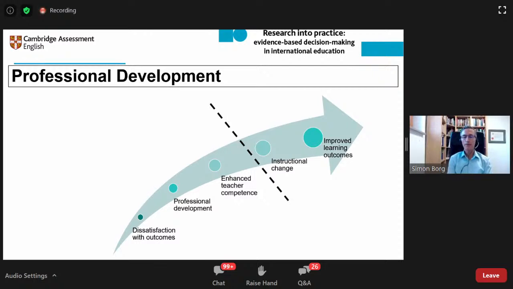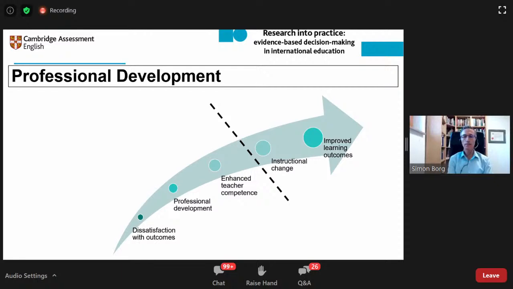What very often happens, of course, is that we hit a bit of a brick wall at the transition point between the delivery of the professional development and change in the classroom. So it is not uncommon to see professional development programs designed, implemented, teachers take part. They do benefit from the programs, they do improve their knowledge, they do acquire new skills, new awarenesses.